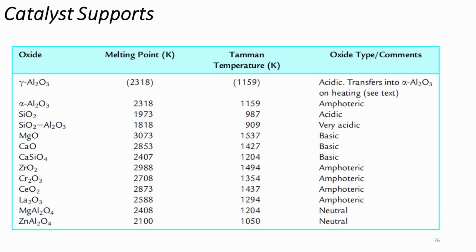They are metal oxides that have a high melting point and are therefore very stable under most operating conditions. This slide shows values of the melting points and the Tamman temperature for a series of different oxides commonly used as catalyst supports. Some of them are also used as catalyst promoters to prevent sintering.